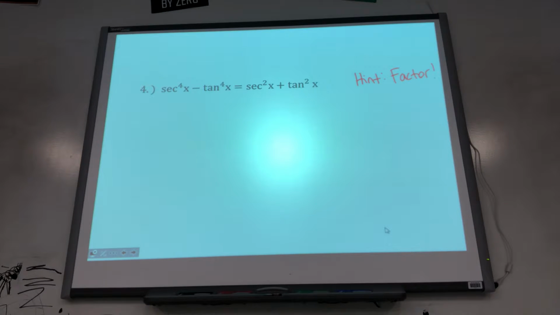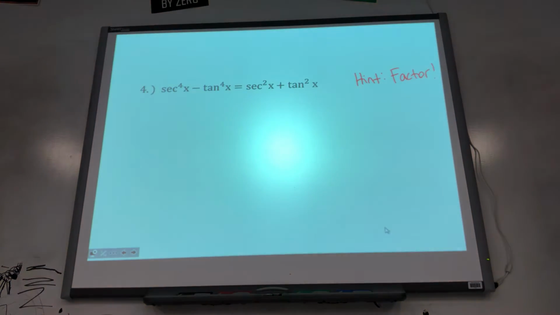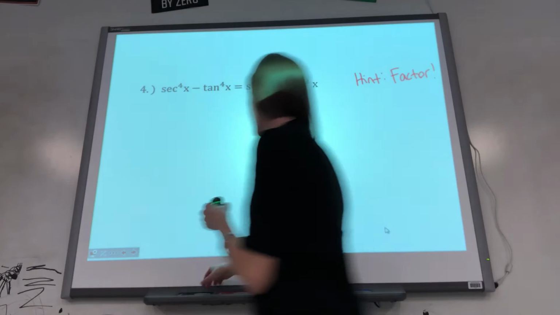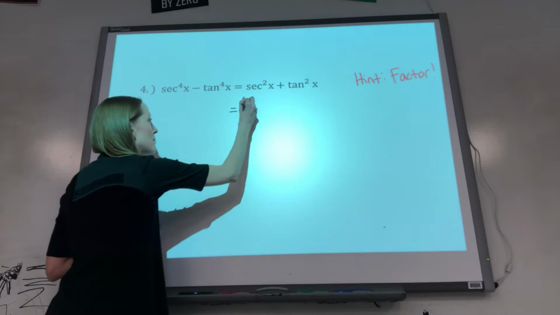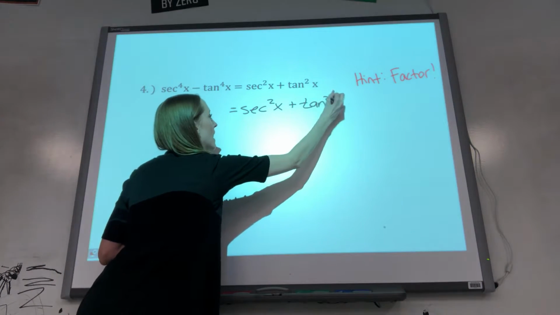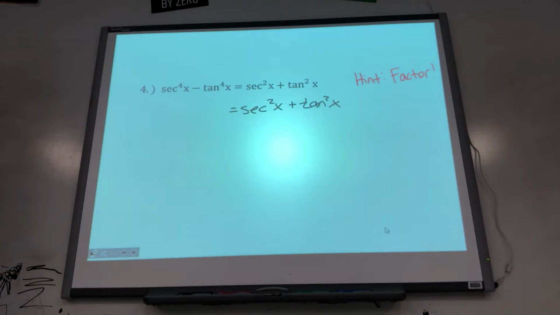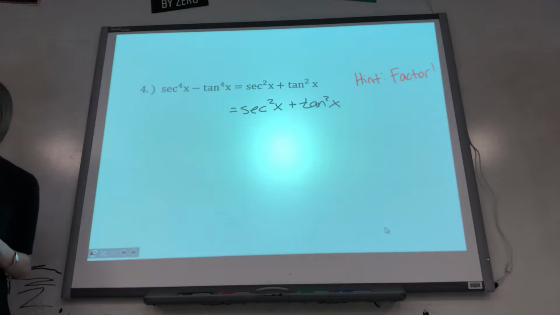Okay, just to help you out a little bit on a test or a quiz, if there's an identity type of problem where you have to factor, I'm going to tell you that up front. That way you have a better idea of where to go. Okie doke. But still, keep the right side and work on the left. Now my hint is to factor.